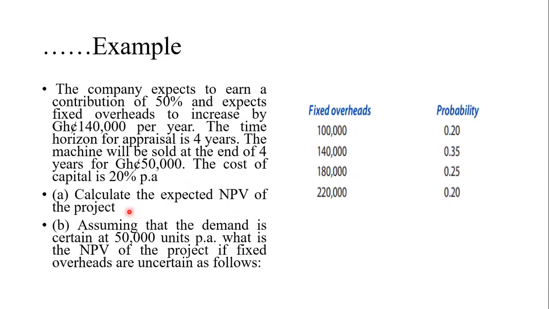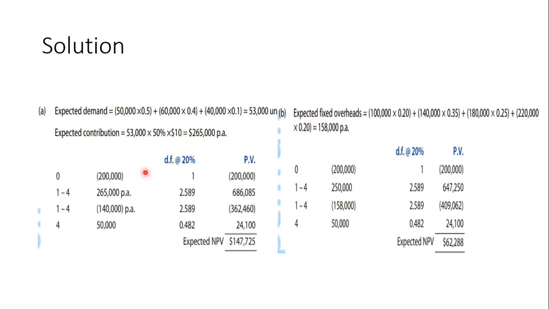The company expects fixed overheads to increase by 140,000 per year. That is a relevant cash flow because it is an incremental fixed cost every year. And the machine will be sold at the end of 4 years for 50,000, so at the end of the 4th year we have a 50,000 scrap value coming in.